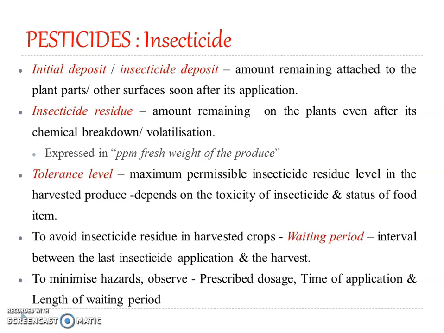You can refer to it as the amount of the insecticide which remains on the plant even after chemical breakdown or volatilization. This amount is usually expressed in ppm, that is parts per million fresh weight of the produce. Produce means the yield you get after crop maturity.